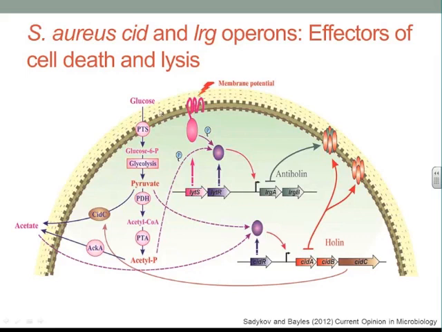And on the left side, there's a brief schematic of basic glucose metabolism as glucose enters the cell and goes through basic glycolysis. Now, what I forgot to mention in the last slide is that what we've seen in the cidR and cid regulon is that during excess glucose conditions, a phenomenon known as overflow metabolism, you have excess glucose, and the carbon flow is actually directed to different fermentative processes.